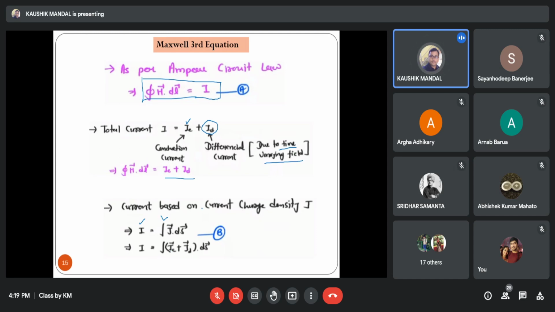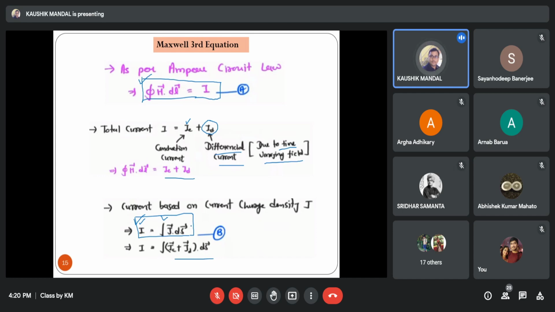Basically, we will consider these two equations: H dot dl equal to I, and I equal to J dot ds. Using these equations A and B, we will correlate them to find out the Maxwell's equations. And the effect of this displacement current will be discussed in the next class, not in today's class, because for the time being we are only concentrating on the static field.